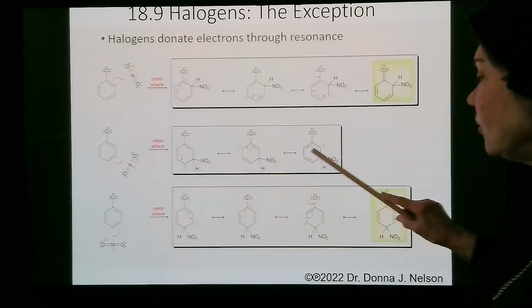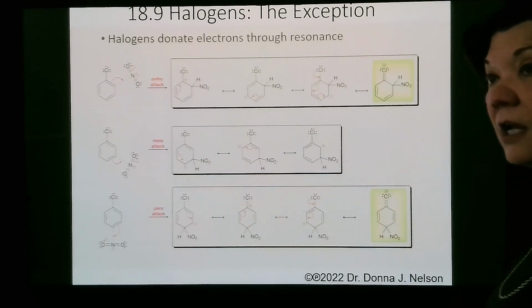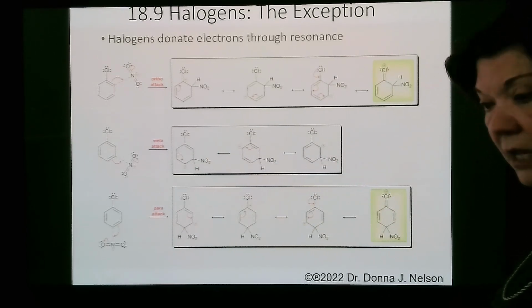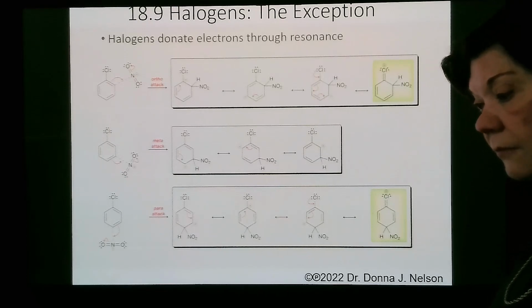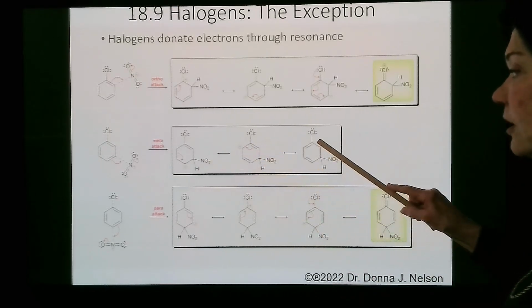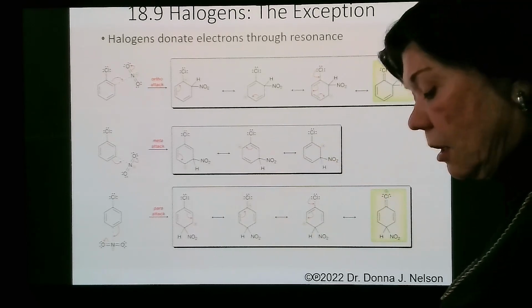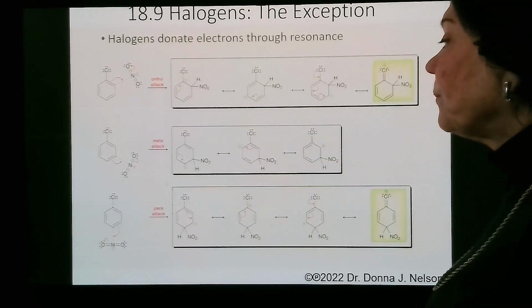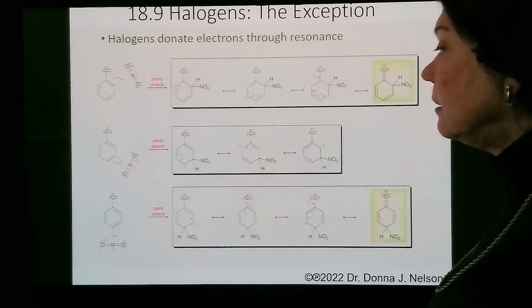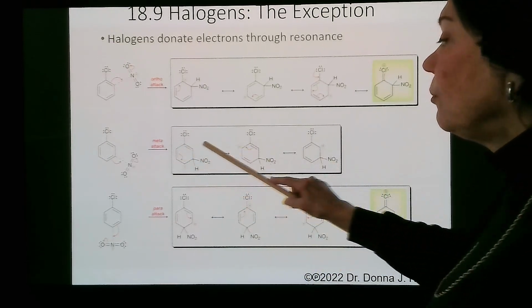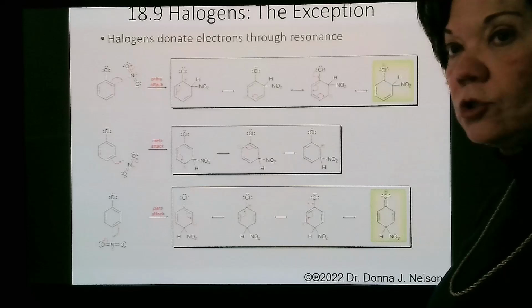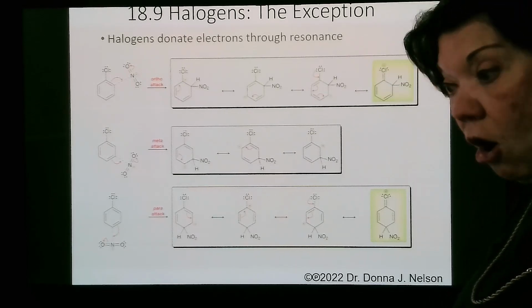So this is less stable. It will be higher in energy, and the transition state, the energy barrier leading to this sigma complex, will be higher in energy. So this reaction occurs much more slowly if it occurs at all.